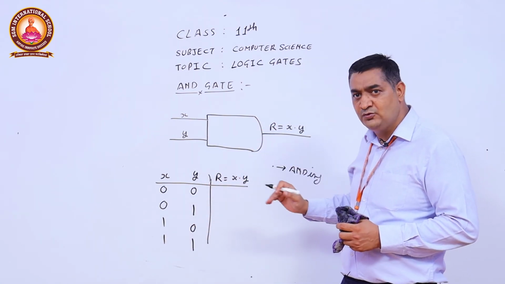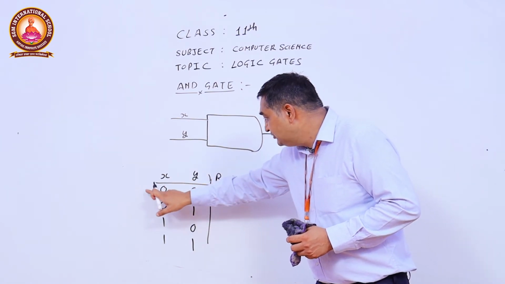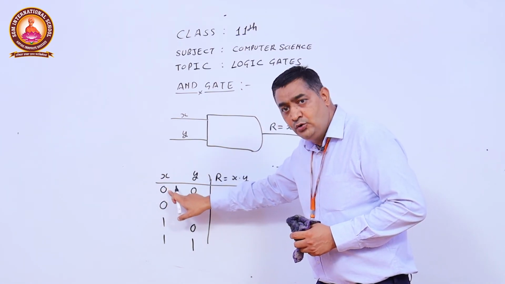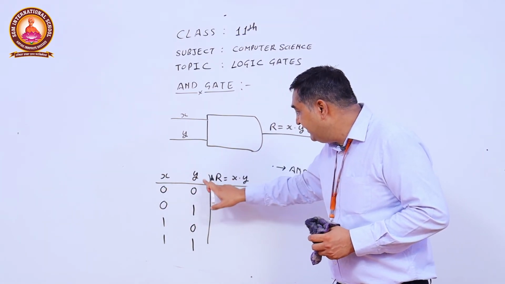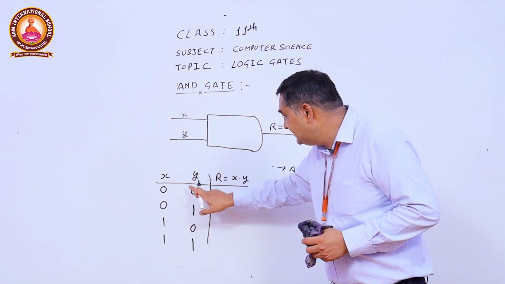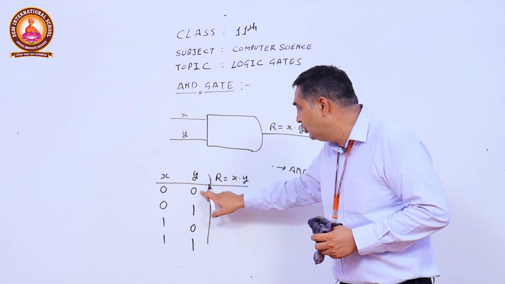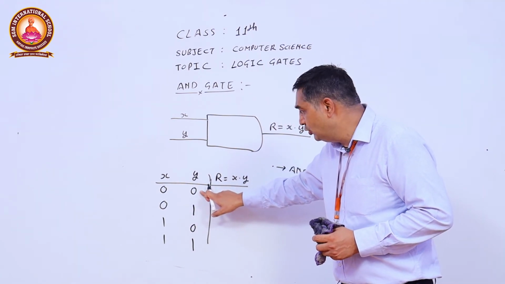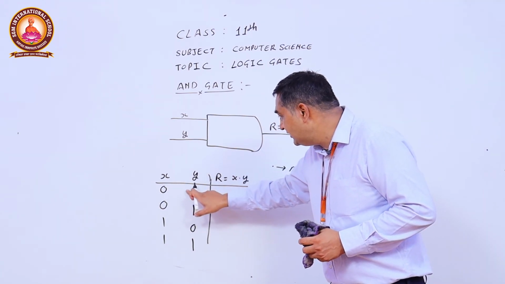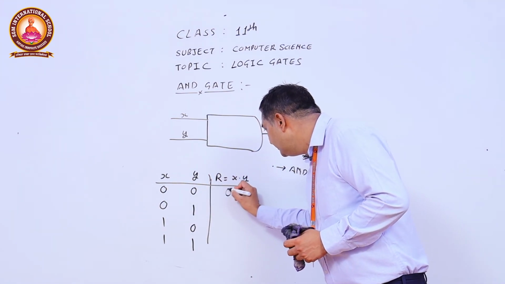Let us understand this rule with the AND gate. At this row the value of X is 0 and the value of Y is 0. Both are low inputs, both are 0. If any input is 0, the output will be 0. So in this case both are low, so the output will be low or 0.